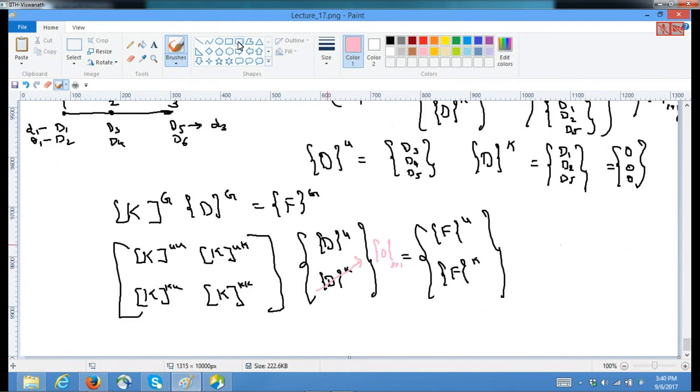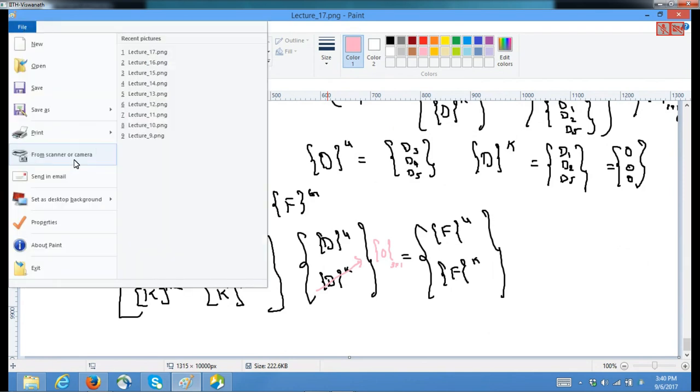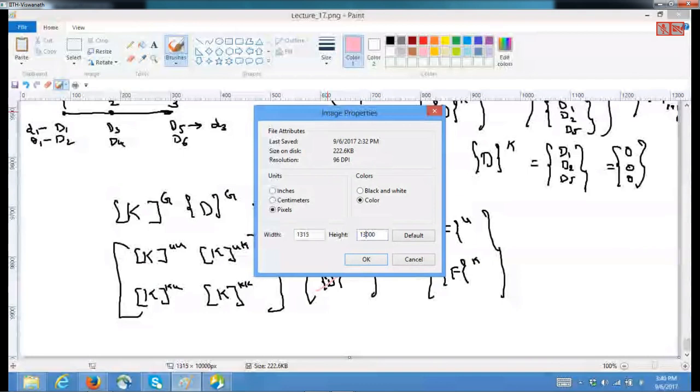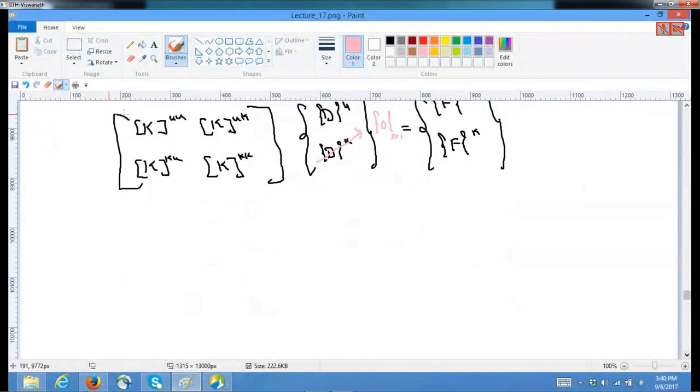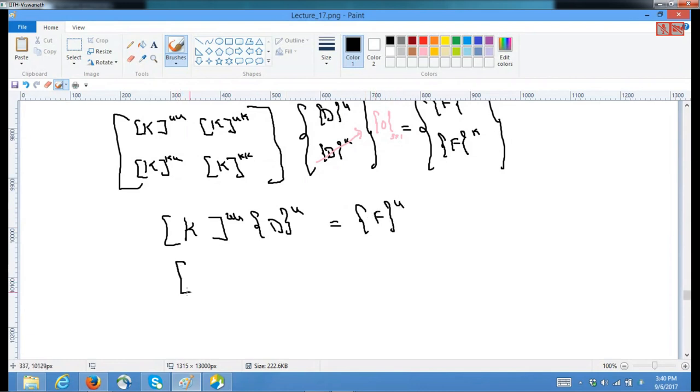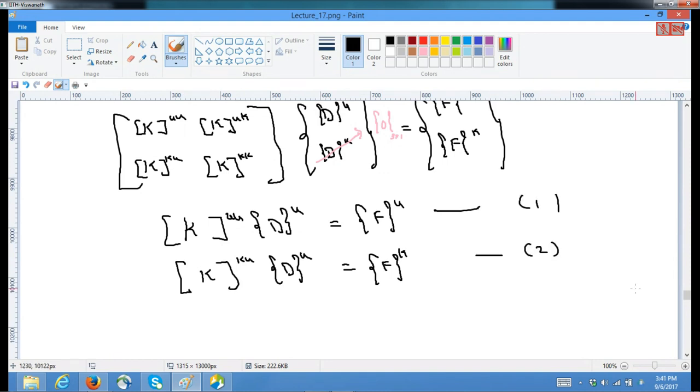I can write in this case, only in this case, k uu du is equal to fu, and similarly k ku du is Fk.